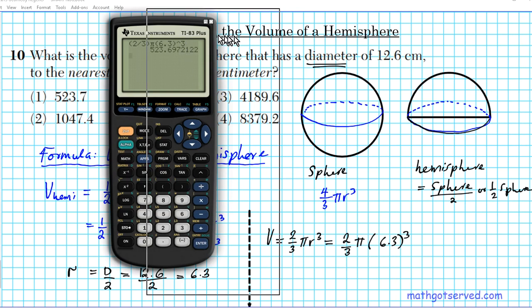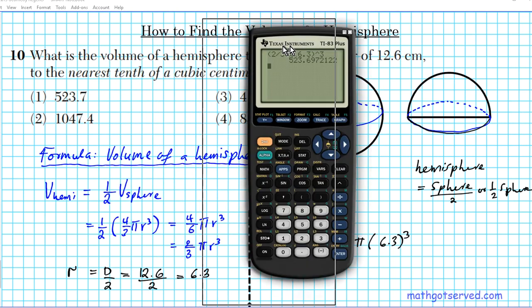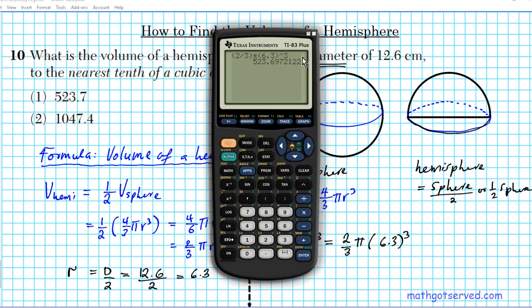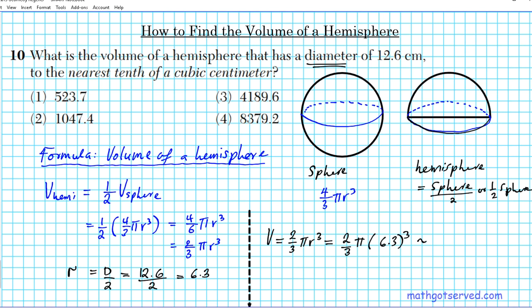So we have 523.7 to the nearest tenth. So it's 523.7 cubic centimeters. The answer to question number 10 is option number 1.